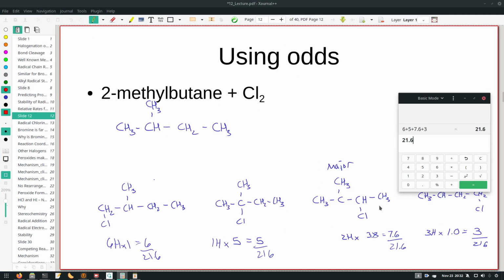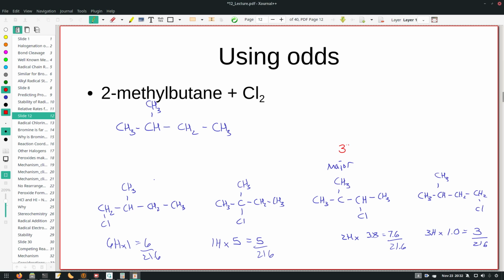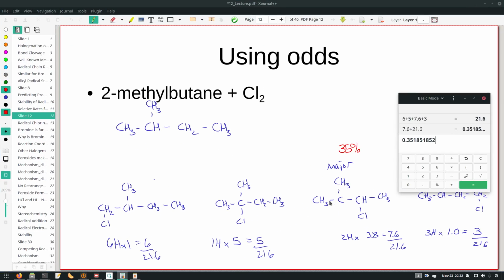And how much of a major? Well, 7.6 divided by 21.6, about 35%. Which is not a huge major. 3 divided by 21.6, this is our lowest amount, only about 14%.